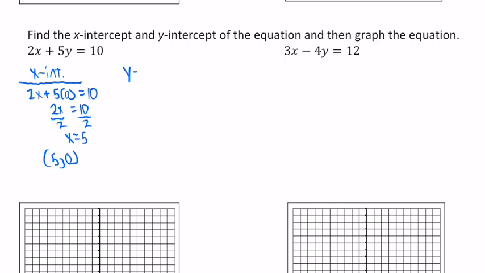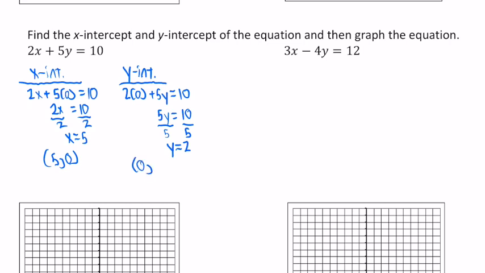Doing the same sort of thing to find the y-intercept. For the y-intercept, you put in 0 for x. And we have 2 times 0 plus 5y equals 10. 2 times 0 is 0, so our equation becomes 5y equals 10. We divide both sides by 5, leaving us with y equals 2.